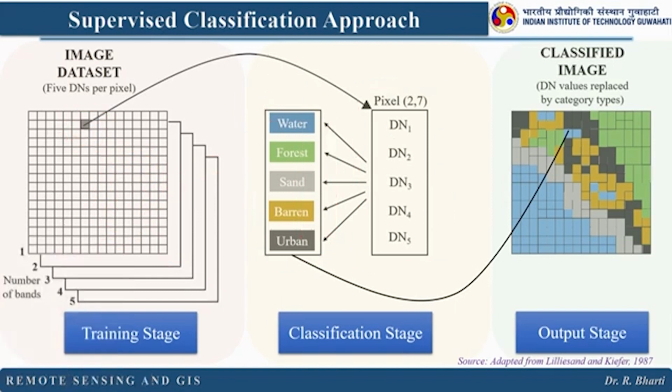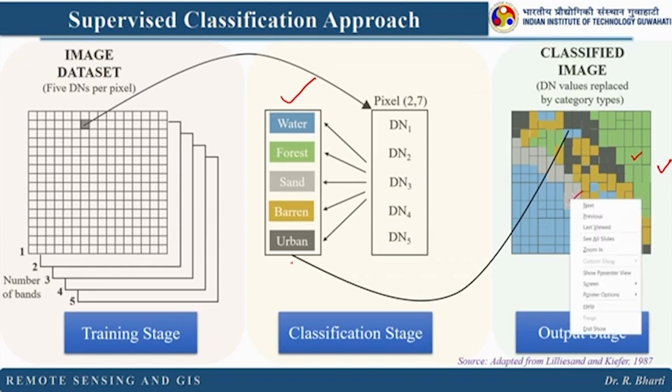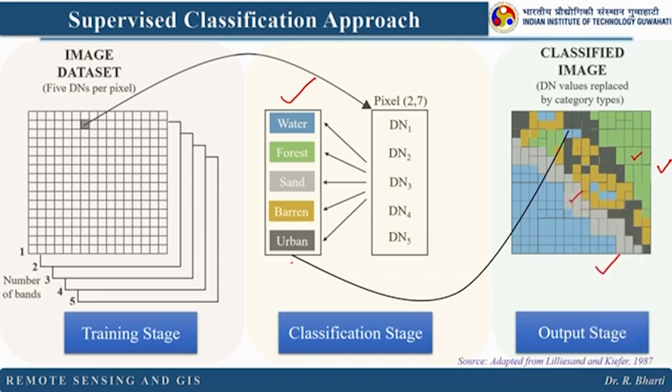Once you do that, then what will happen? You will have a classified image where each pixel is assigned to at least one class. So now here you can see all these colors are available in this image. So based on this table you can understand this is basically forest, right, this is basically sand, this is basically your barren land, then this is urban, right, and this is water.